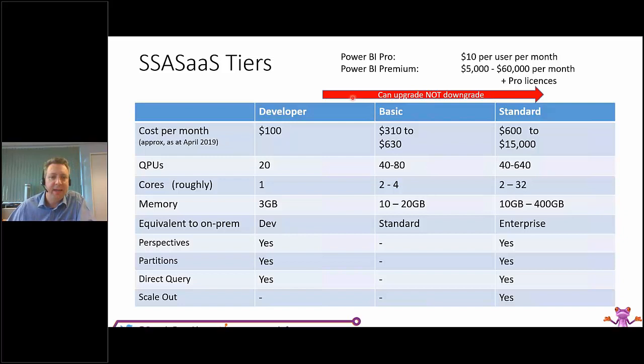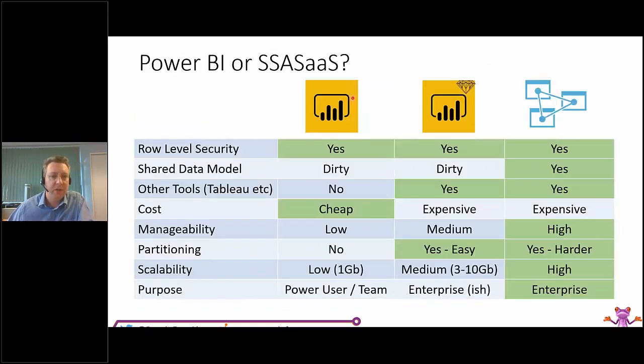So a critical question then is, why am I choosing analysis services? Should I choose analysis services or Power BI Premium? So here's a very, very high level chart to give you a starting point. They all support row-level security. For me, an enterprise grade solution is all about sharing data models.